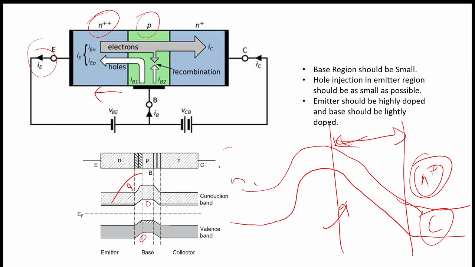How we can reduce this current is by lightly doping this p region and highly doping this n region. This n plus plus indicates very high doping, this is lightly doped as compared to n plus plus, and this is the least doping p. P plus and P plus plus are kind of the highly doped. So from these two we can reduce the hole current as well as the recombination in this base region.